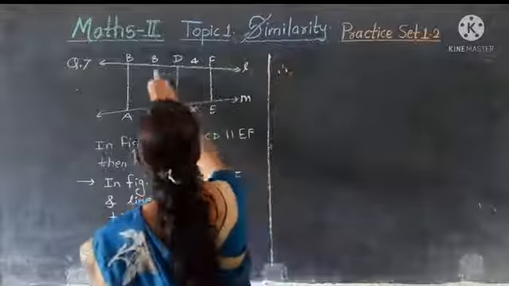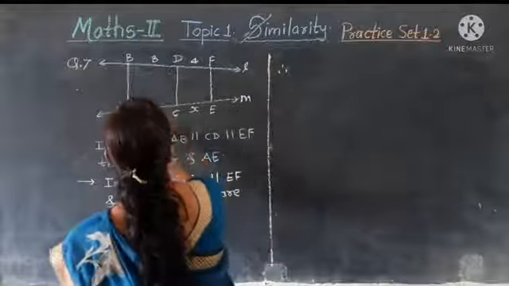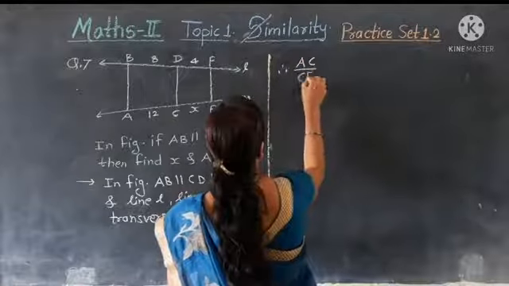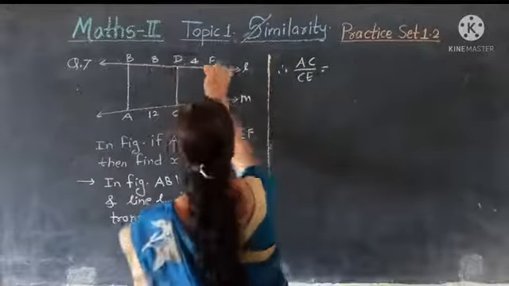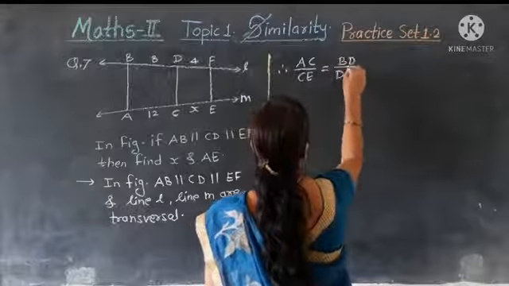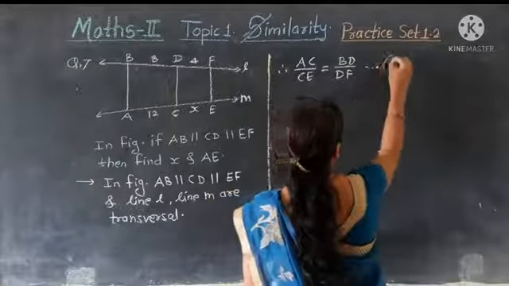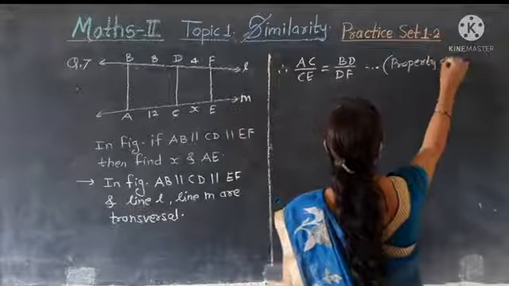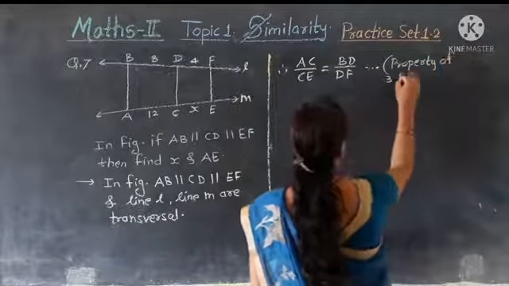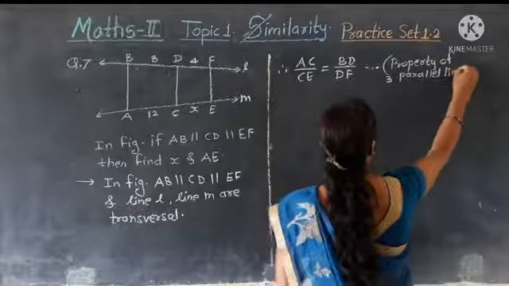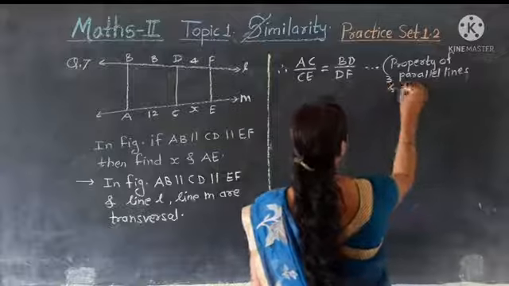Therefore we use AC upon CE is equal to BD upon DL. We take the reason as property of three parallel lines and their transversal.